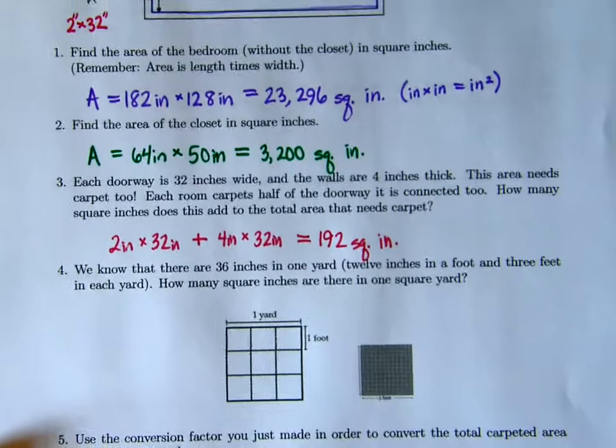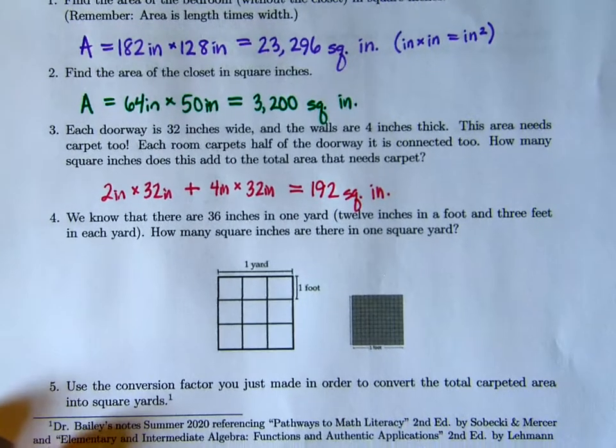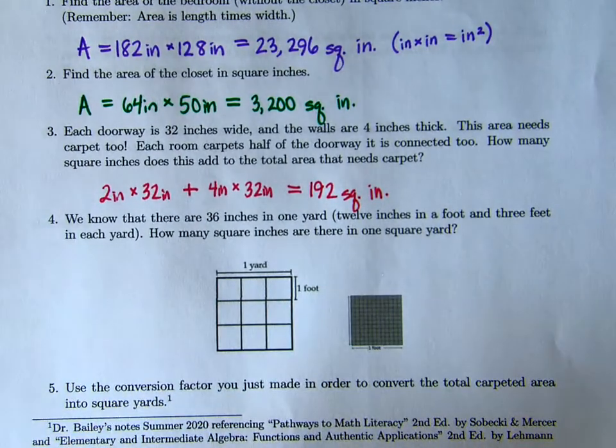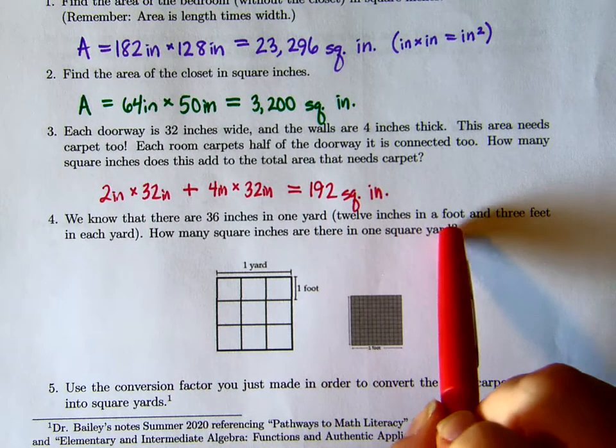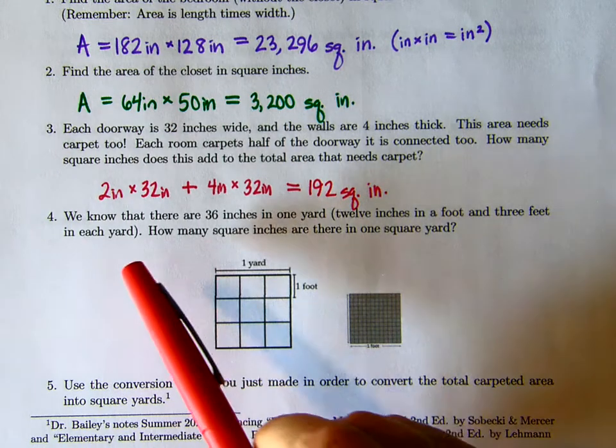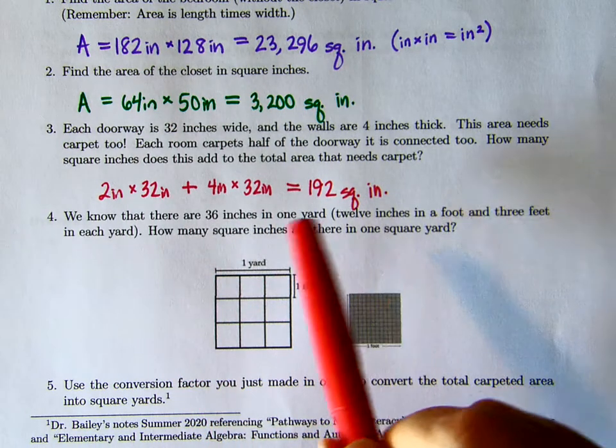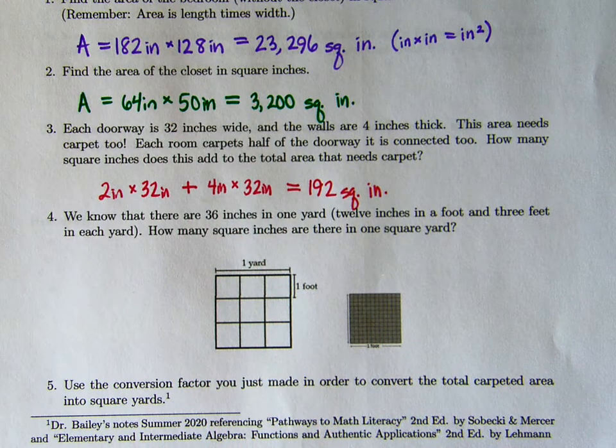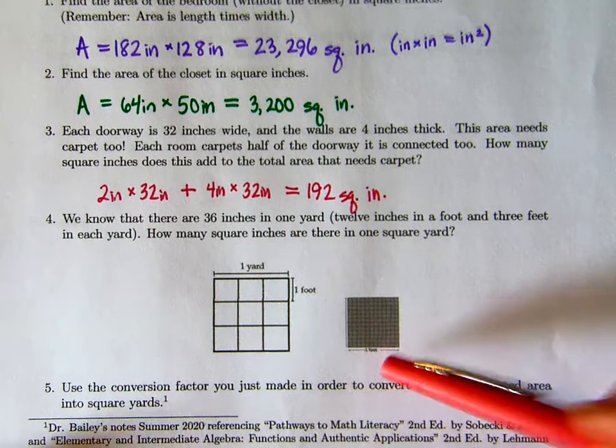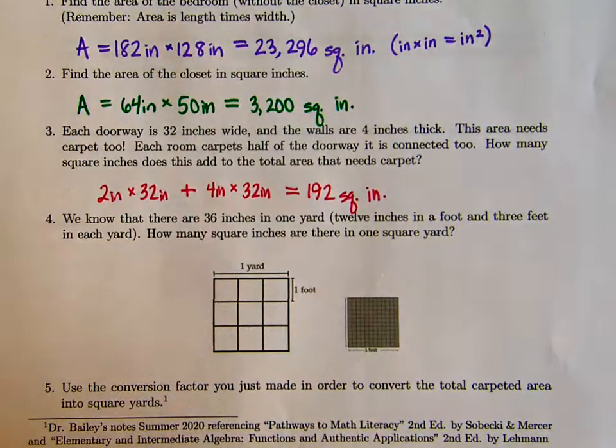We know that there are 36 inches in 1 yard: 12 inches in each foot, 3 feet in each yard. Okay, I see it's magnified here.